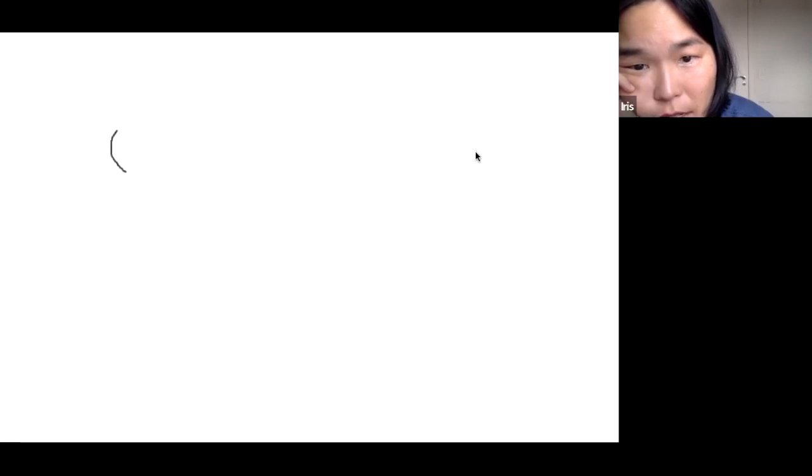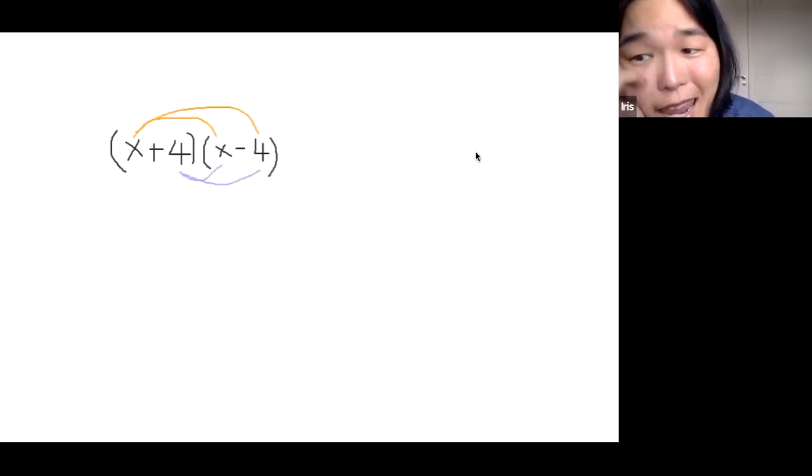Let's check that. I had x plus 4 times x minus 4. Let's draw the lines, so that I don't forget anything. In the end, I should have 4 terms if I made everything right. The first one is x times x, which is x squared. Then don't forget the negative 4, so the second one is negative 4x.